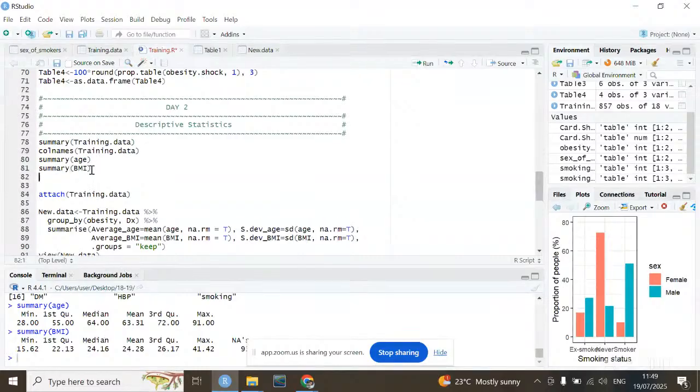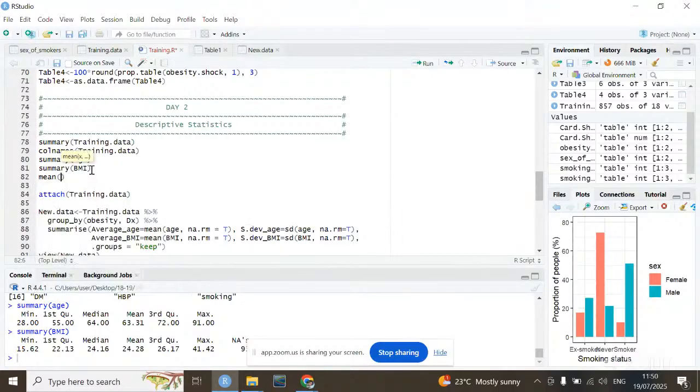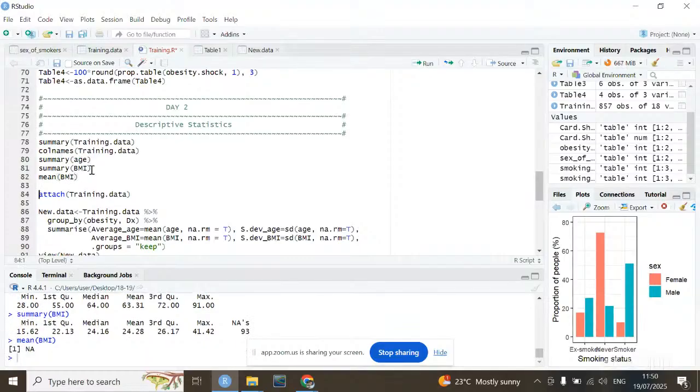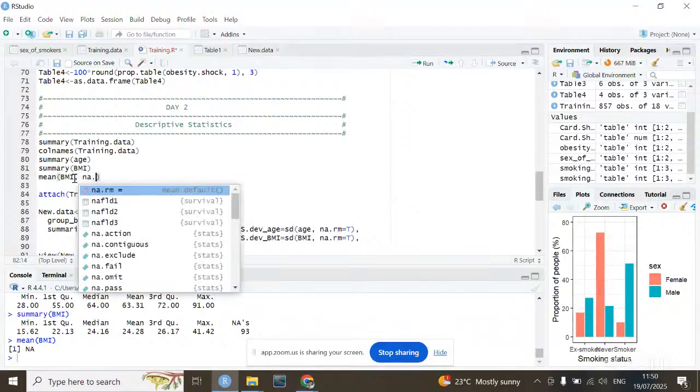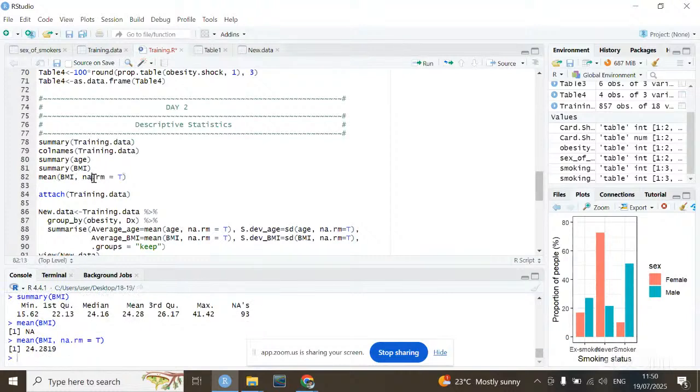If you just want the mean, then you can do mean of BMI. BMI has some missing gaps, I think. So we remove the NAs, the missing values. You can remove the missing values using this function, na.rm, where rm is remove.